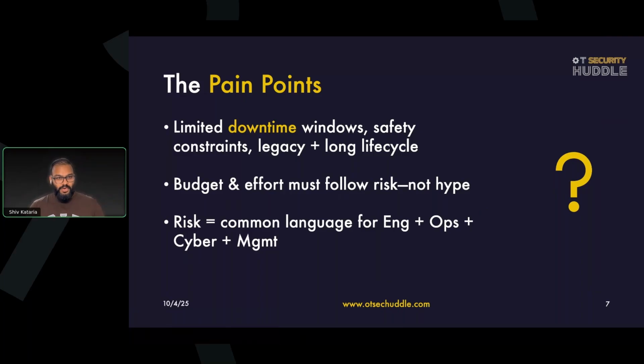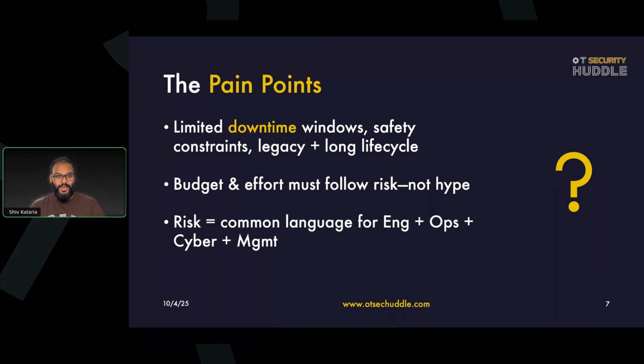Due to the longer life cycle of the assets, we need to take care of all those changes which we are going to introduce. And also, we cannot have off-the-shelf security, like we can choose a kind of system, because each environment is very, very heterogeneous. In these heterogeneous environments, we have budget constraints, and also the effort and expertise required is different.